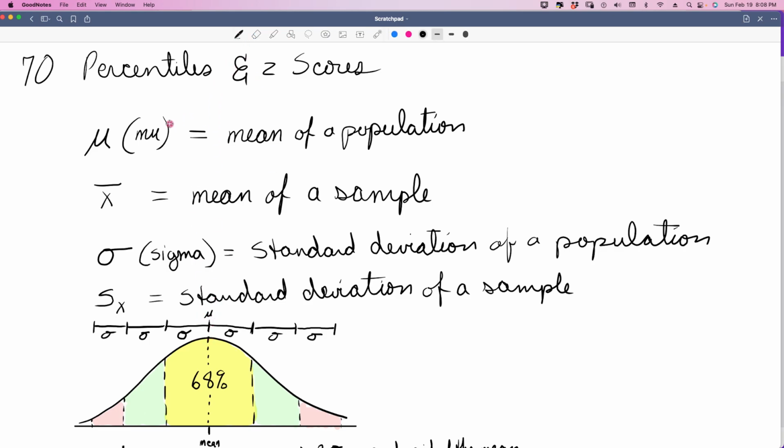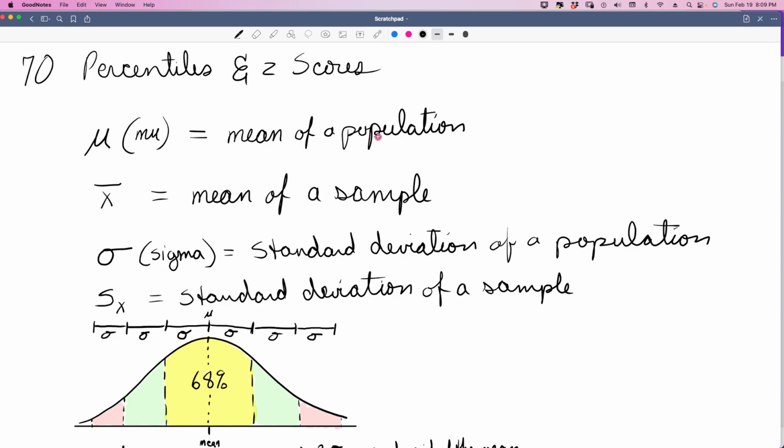There we go. Okay, so there's another symbol that is the mean of a sample. For instance, a population would be if we took all of the final exam scores from every math class and averaged those out.